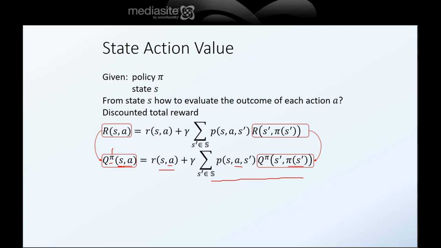Here, the action is based on policy pi. Now, we can rewrite this because this Q pi(S prime, pi(S prime)) is when you are following the policy. So that is the same thing as the value of state S prime.